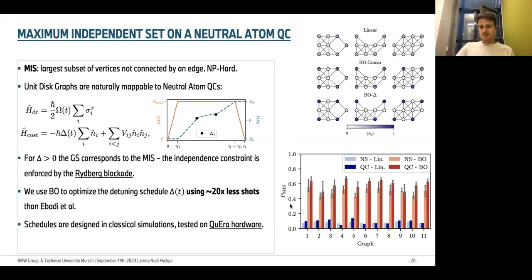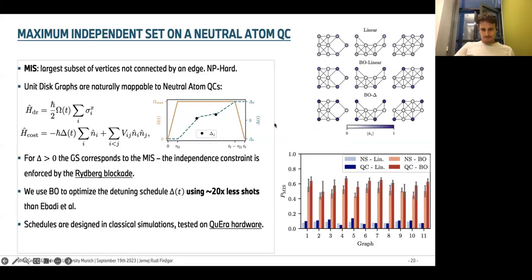So basically, what is done is we optimize the protocols in classical simulations of the system, and then we transfer the optimized parameters directly to the device where we evaluate them. And what is very refreshing to see is that the numerical simulations and the results from the quantum computer, in the darker shades, are in very nice agreement for all of the graphs, which speaks volumes about the relatively low error rates that the device apparently possesses.